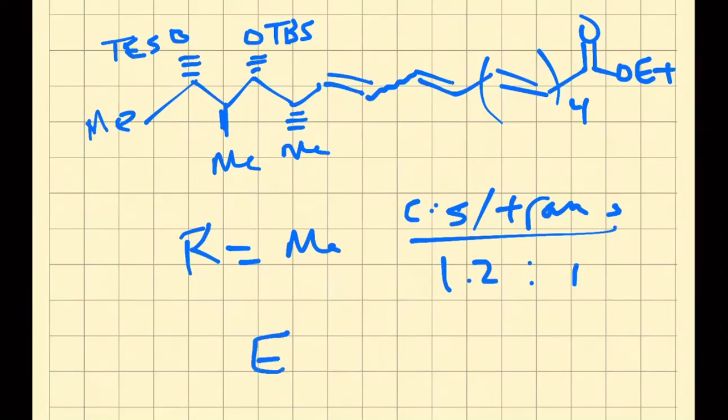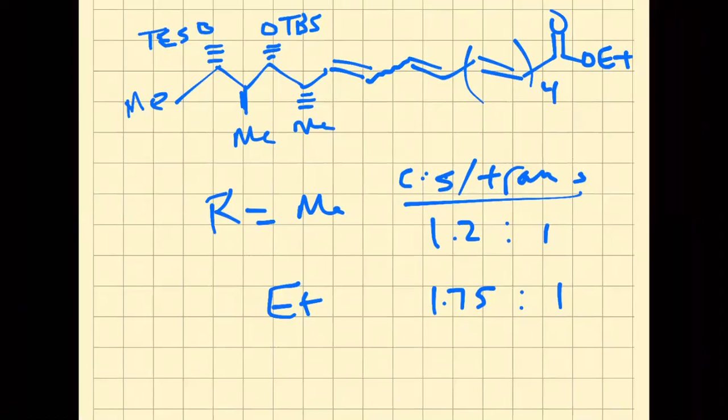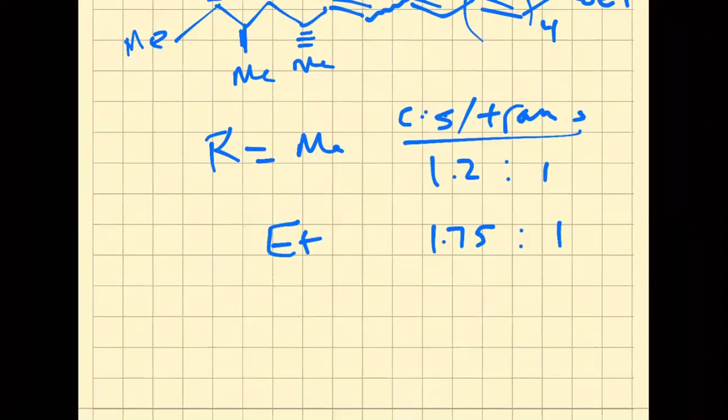If it's ethyl, then it is 1.75 to 1. Which is counterintuitive, right? Because this shouldn't be a cis selective process, but that's not a huge difference. But when they increase the bulk of the R group to something like an isopropyl, then it's only trans, right? 100 to 0.